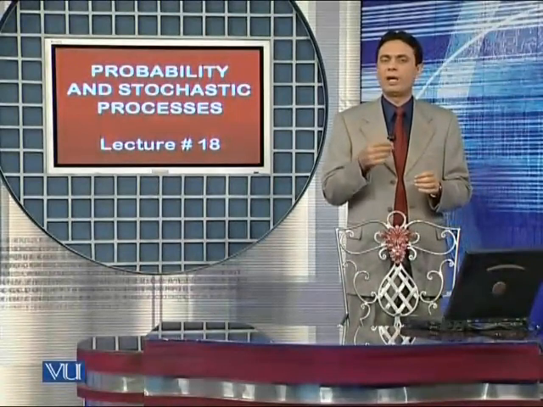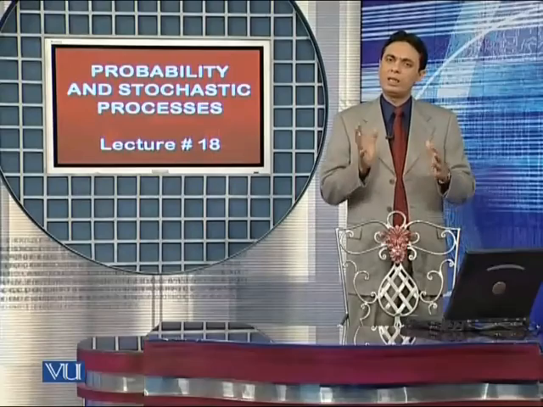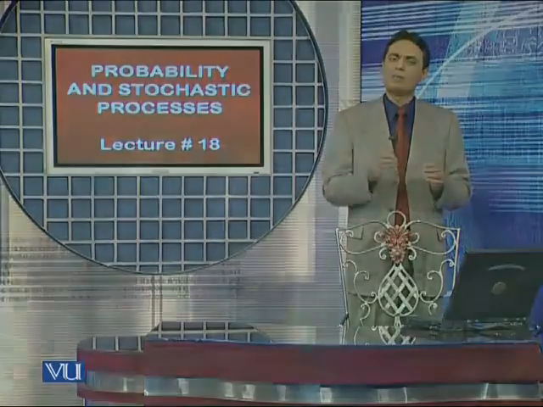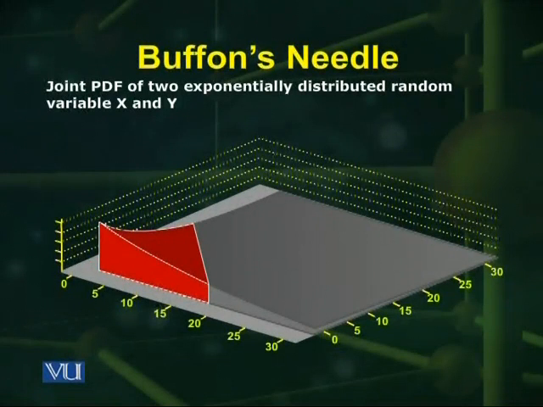They can be 5,5, 13,7, 6,14. They can be any values as long as the sum is less than 20. So this red region represents the probability of both televisions failing in such a way that the total combined service time is less than 20 months.